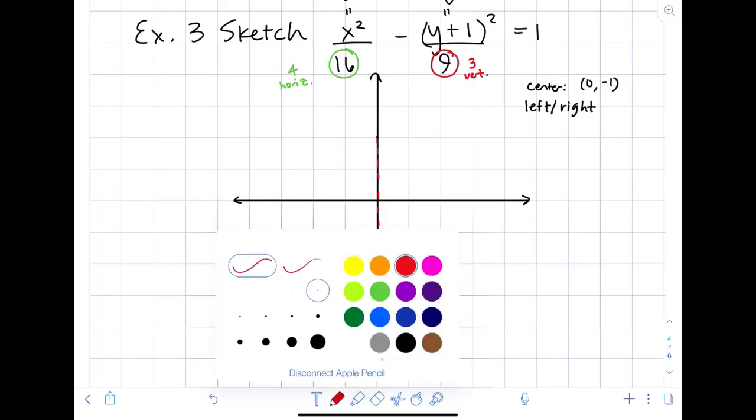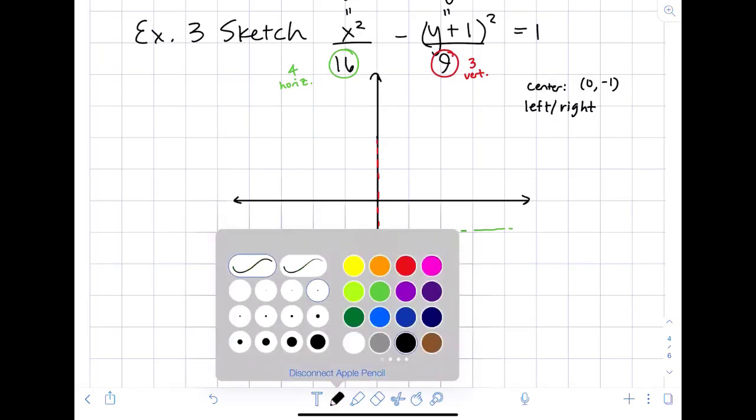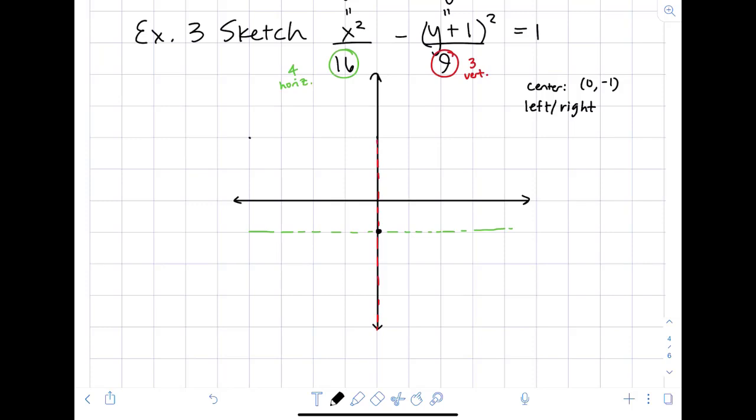And we're counting 4 in the horizontal. Okay, so now we're going to use this to form our rectangle. So I'm going to form a rectangle by connecting the diagonals.